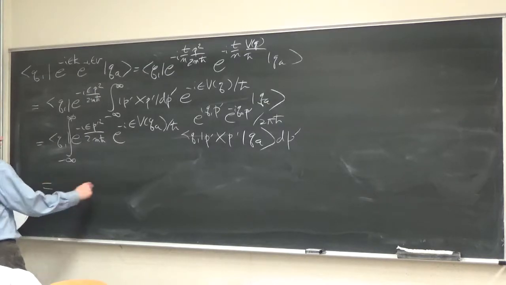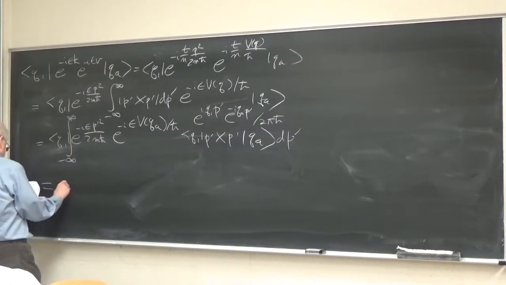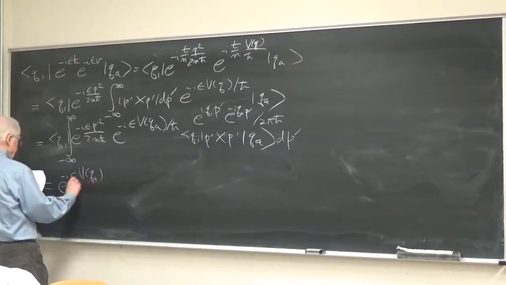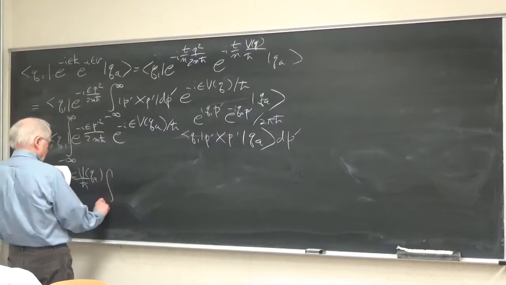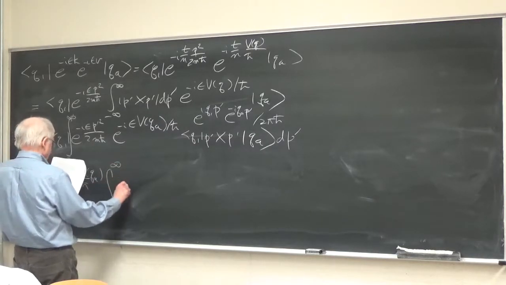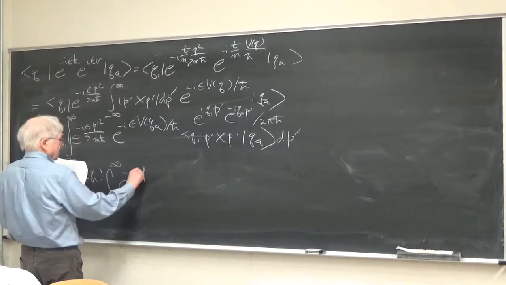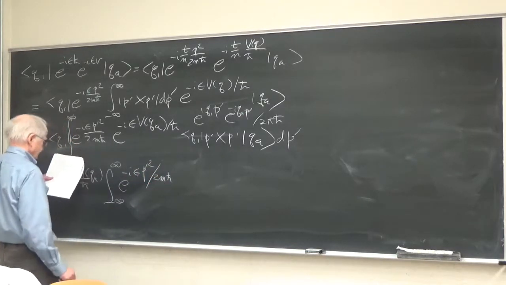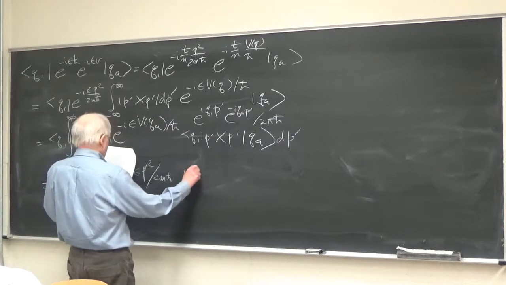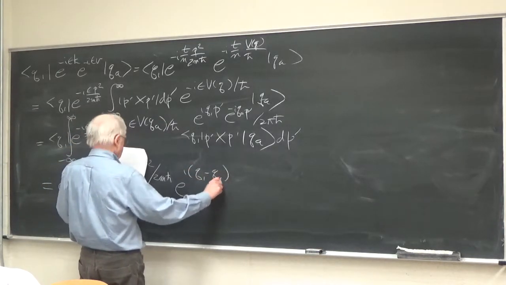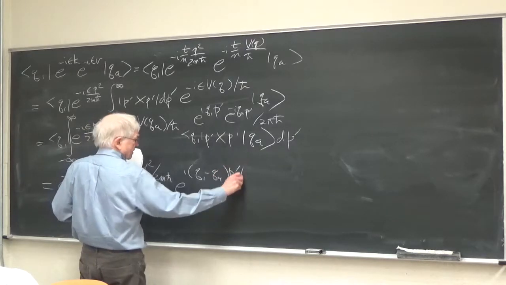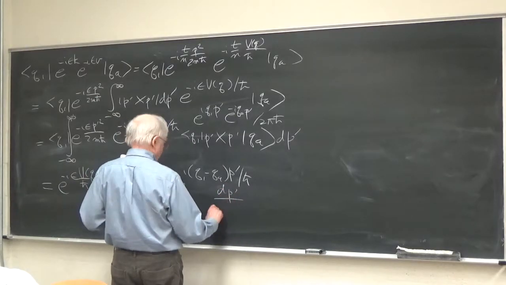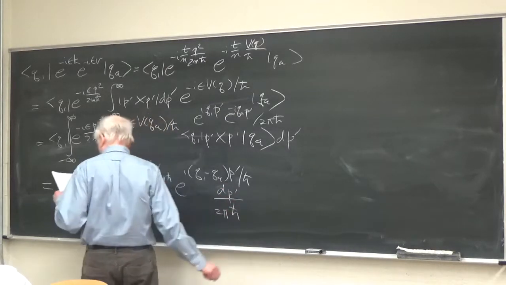So what we've got at this point is we can pull out this factor. It's e to the minus i epsilon V of qa over h bar, and an integral from minus infinity to plus infinity of e to the minus i epsilon p prime squared over 2m h bar, e to the i (q1 minus qa) p prime over h bar, dp prime over 2 pi h bar.